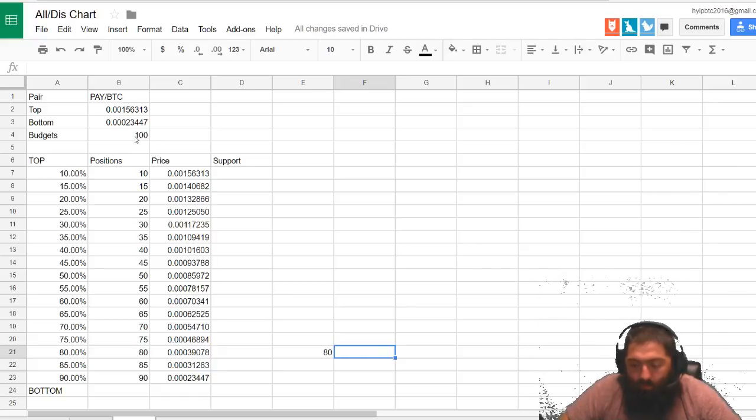I keep 10% for the unexpected, because if it drops down to 100 or 1,000 satoshis a piece, I want to grab all that they have.